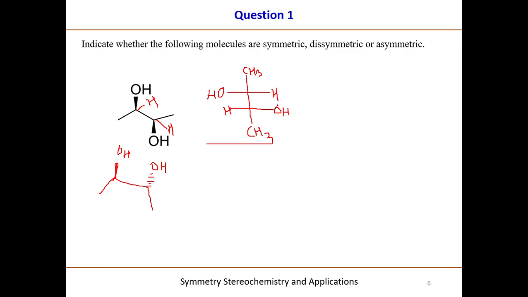We have to check whether there is any possibility of an SN axis or not. So if we see here, a center of inversion is present, correct?